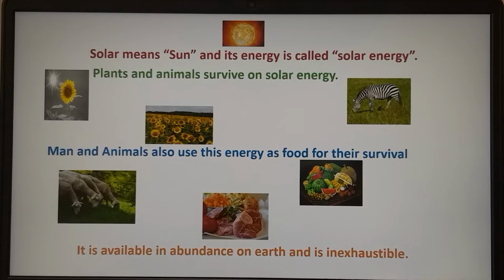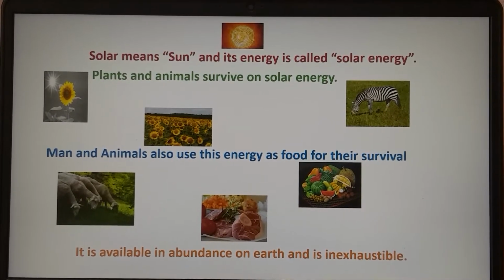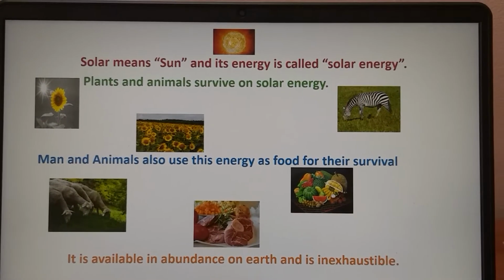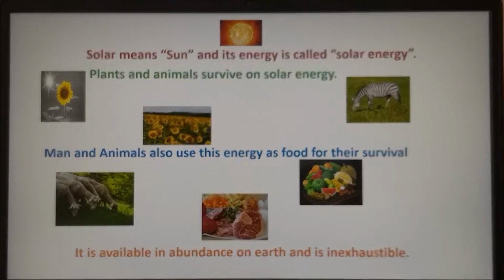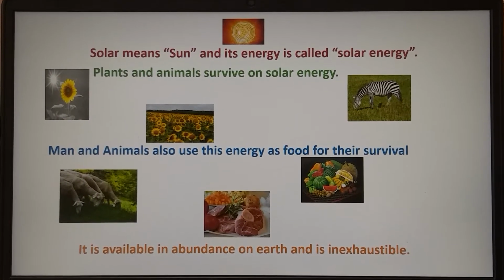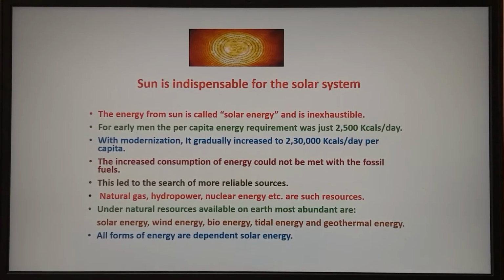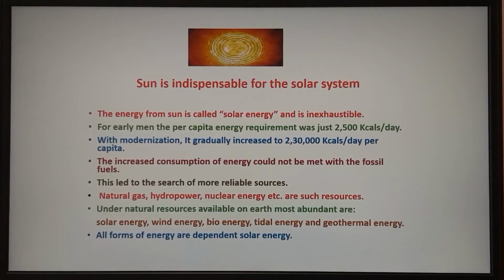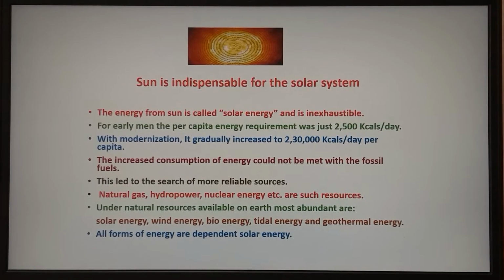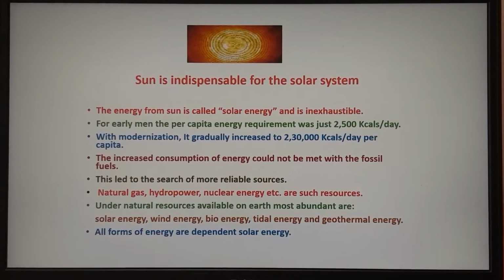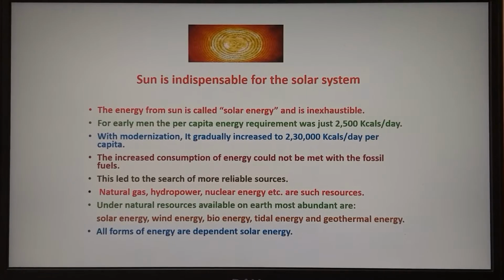Sun is present always and therefore its energy is always present there, which is inexhaustible. Sun is indispensable for our solar system. The energy from the sun is solar energy and it is present in abundance.